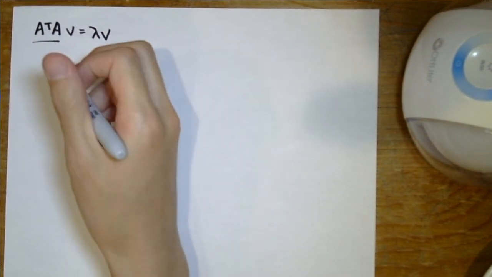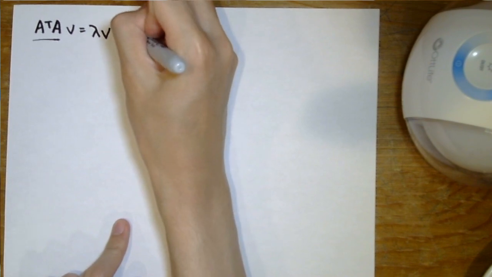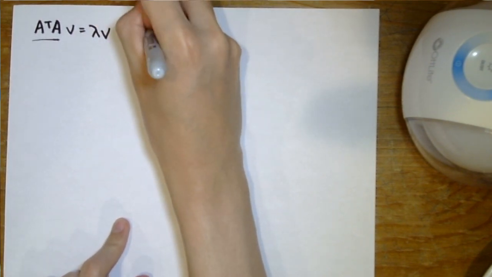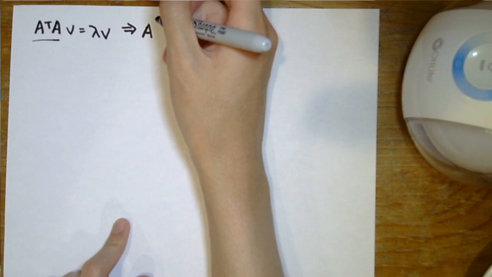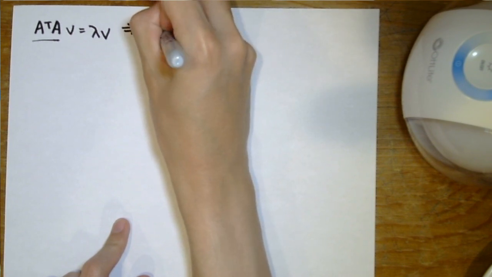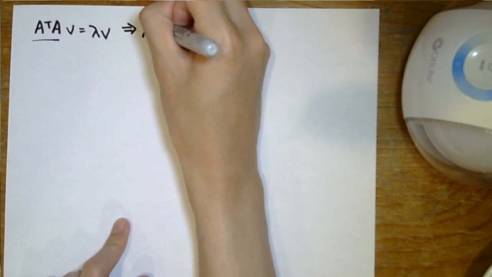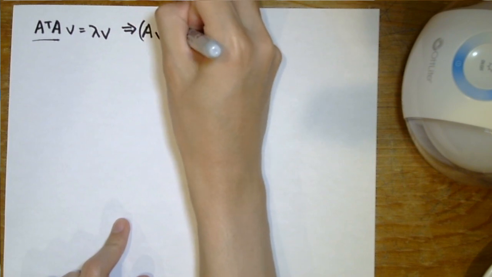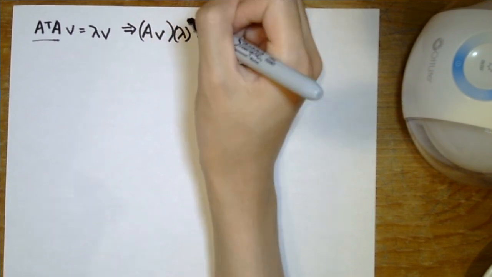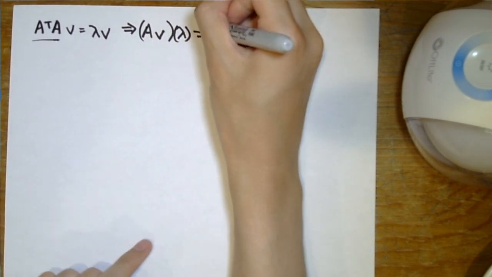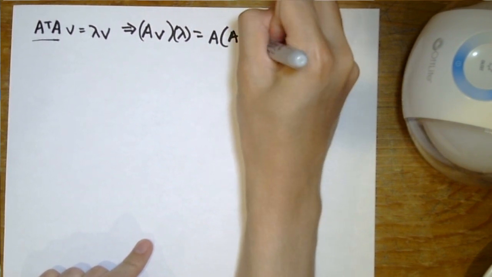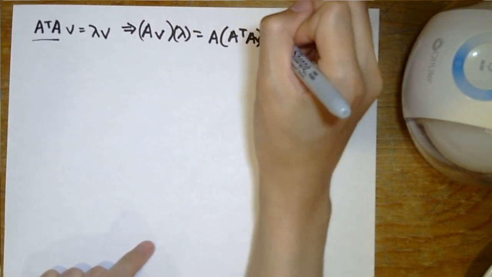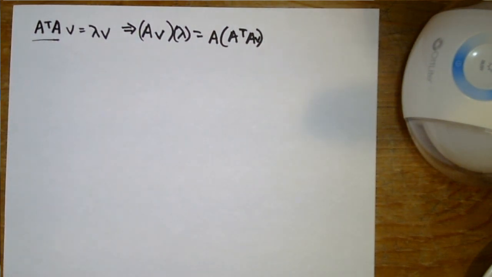And if this is the case, this implies that the matrix times the eigenvector times the eigenvalue actually equals the matrix times the transpose of the matrix times the matrix times the eigenvalue there.